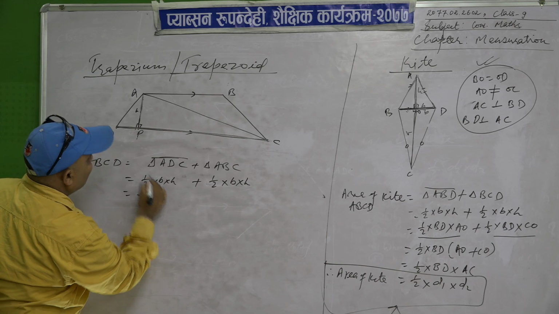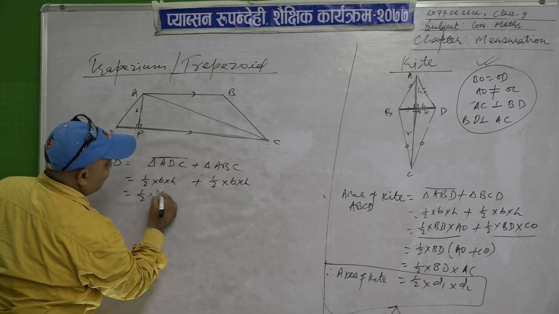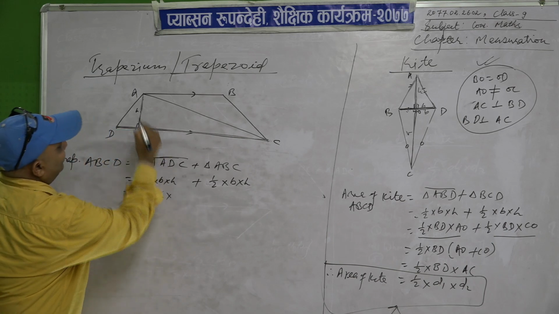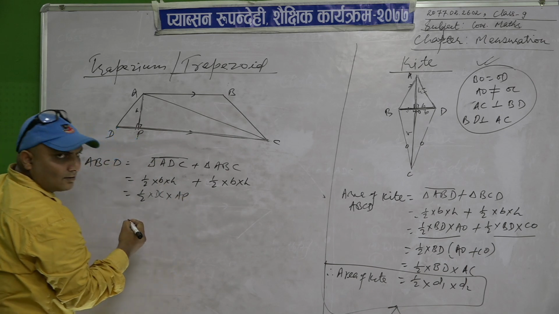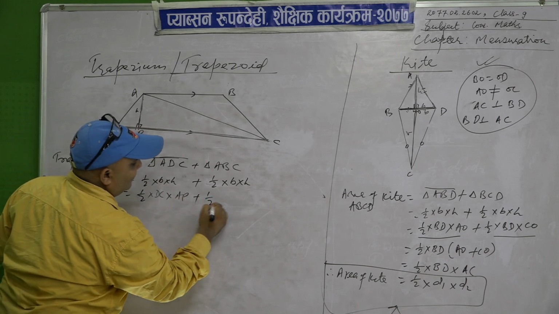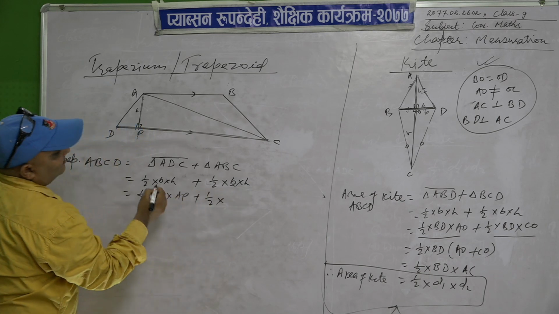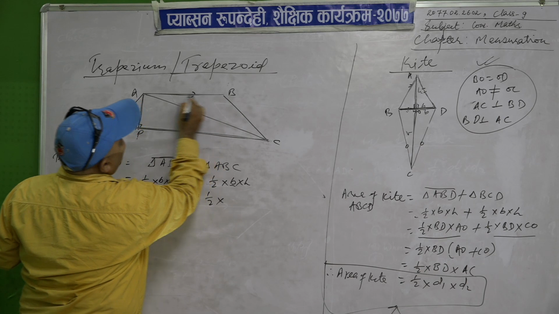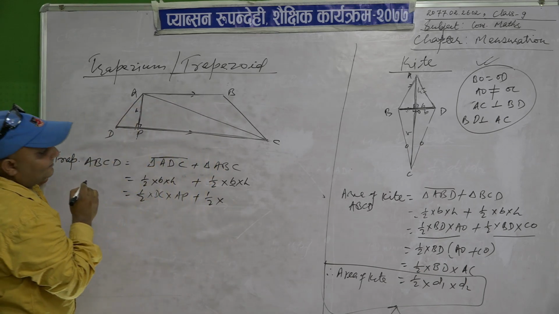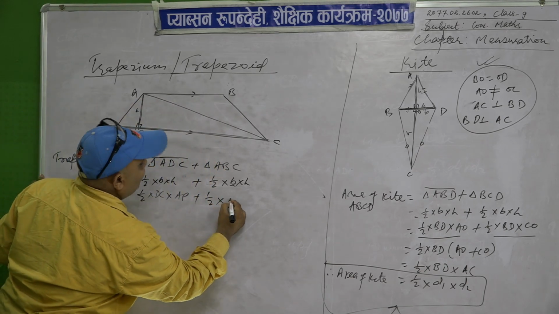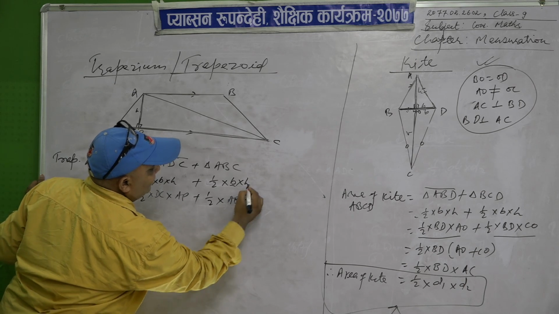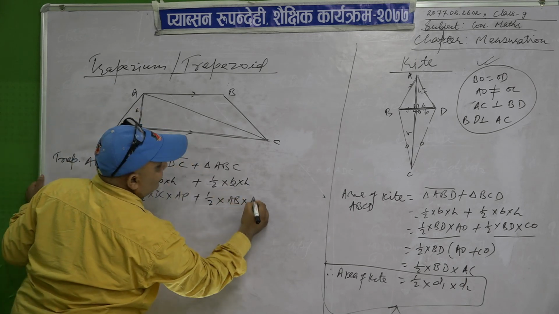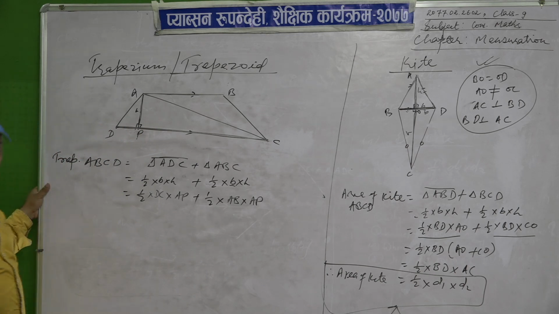So in place of base we write DC, and in place of height we write AP. In the same way, 1 by 2 times the base of triangle ABC. If AP is the height, then AB will be the base of triangle ABC. So in place of base we write AB, and in place of height again we write AP.